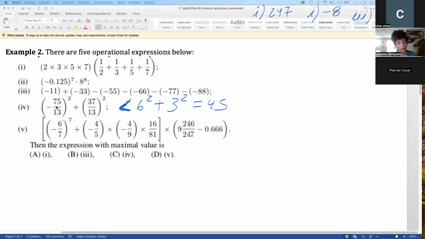So negative 6/7 to the power of 7 is some negative number, so -1 times 6/7 to the power of 7. 6/7 is smaller than 1, so 6/7 to the power of 7 is a small negative number.